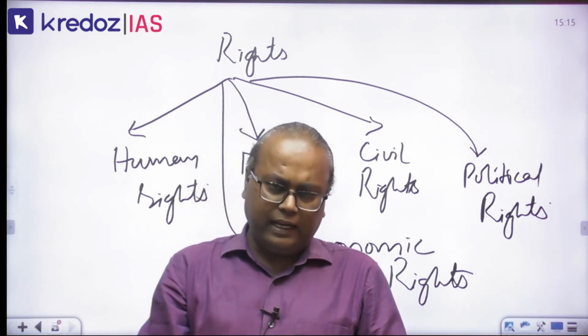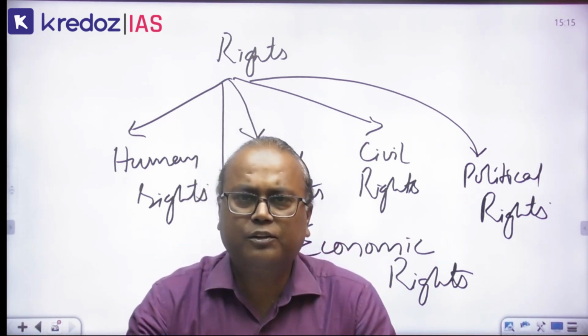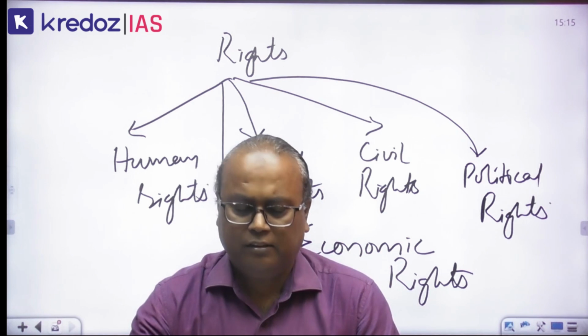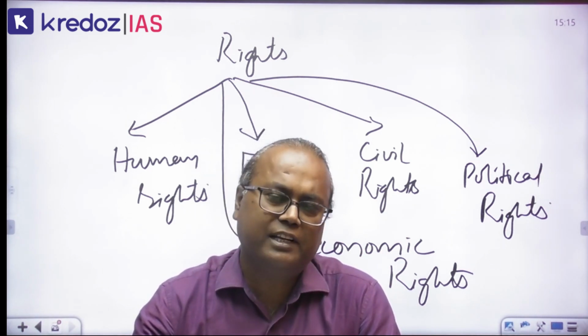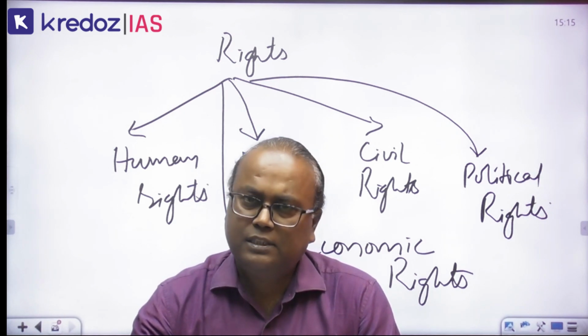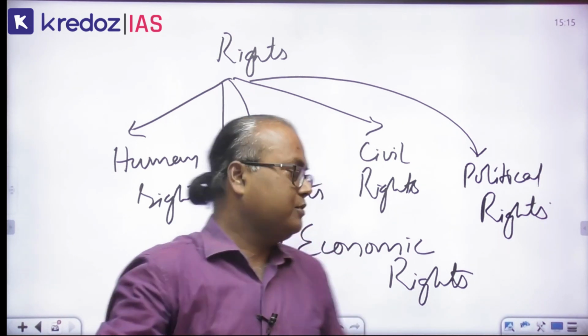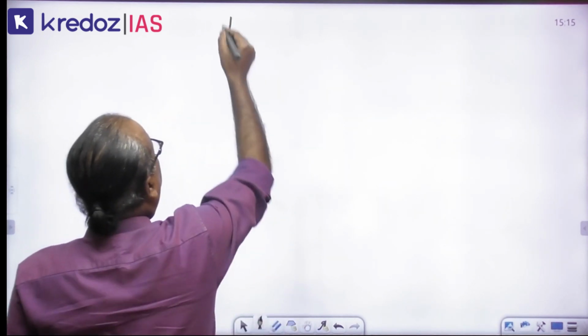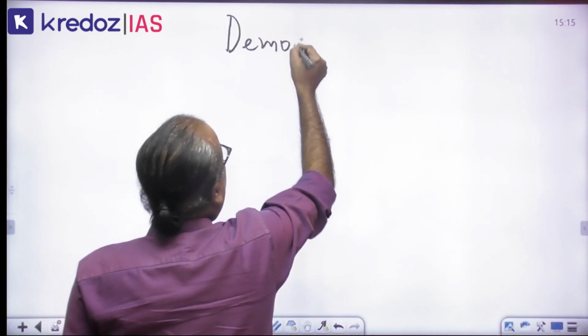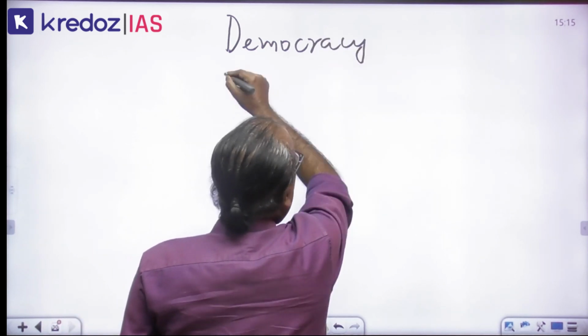Now again we are moving into a very important chapter, that is democracy. Again it is very important for your GS paper second polity part also. So next is democracy.